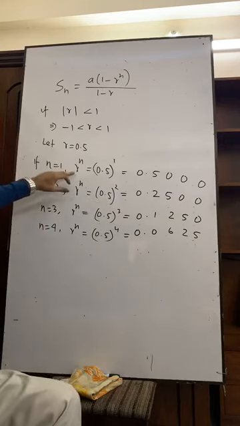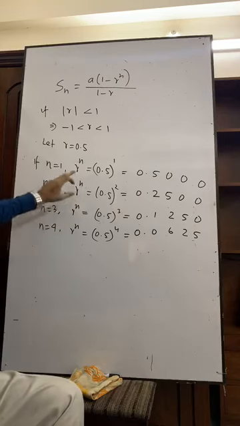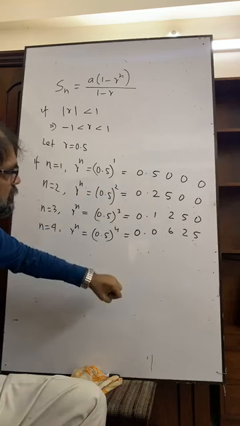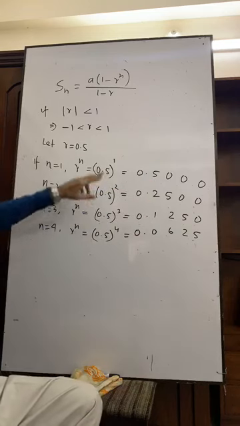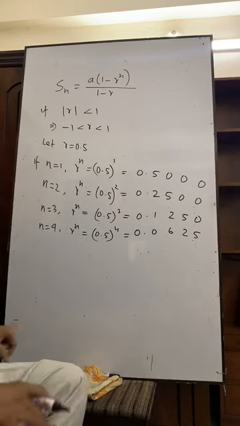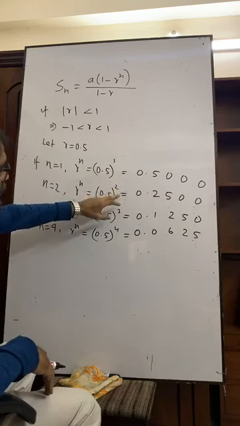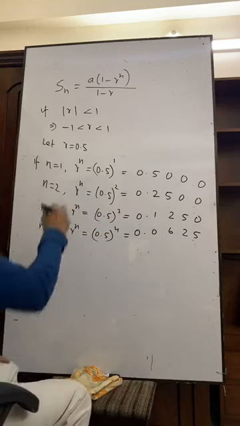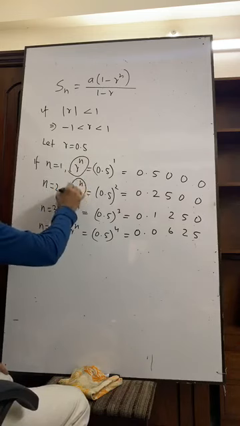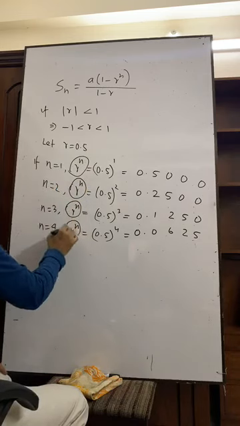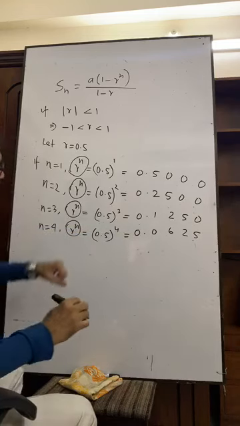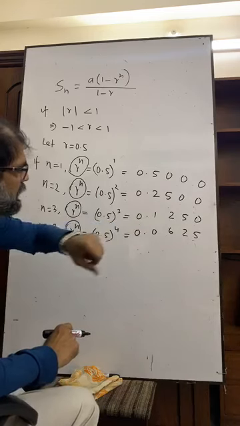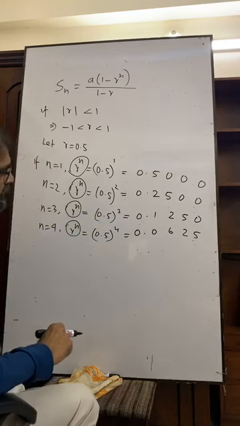But the value of r to the power n has been gradually decreased. It was at first 0.5, 0.25, 0.125, 0.0625.